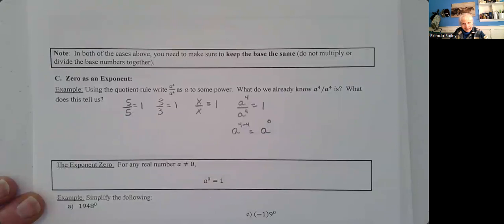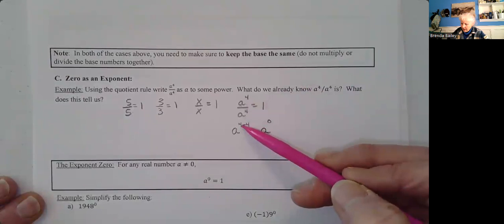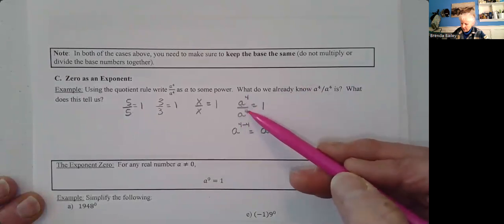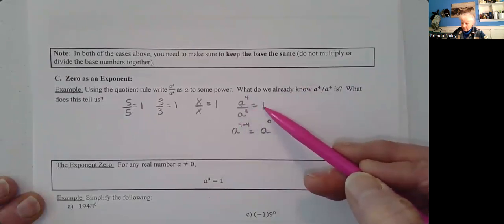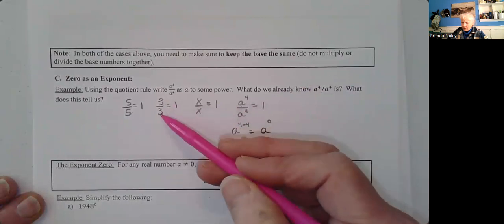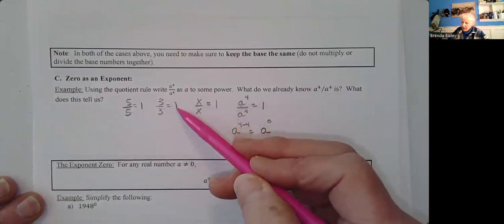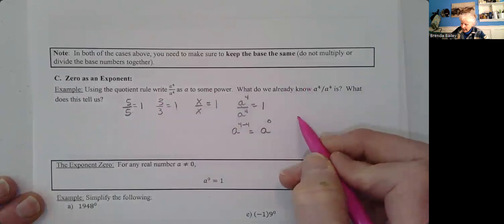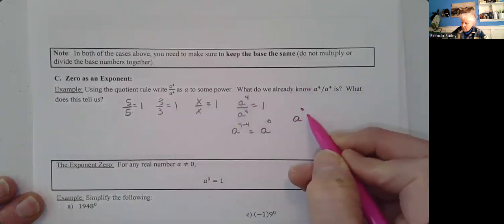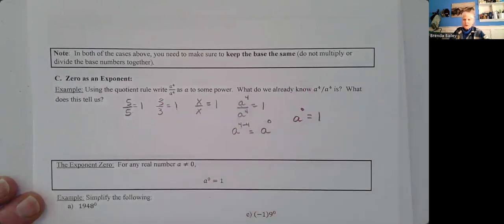These two mean the same thing: common base, subtract exponents, and it's equal to 1. And they match here, we know it's equal to 1. That tells us that a to the 0 is equal to 1. So anything to the 0 power is equal to 1. And that can simplify some of the problems in the homework.